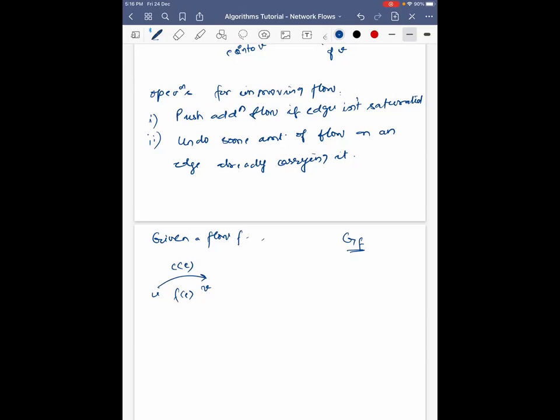Therefore, I'll introduce a forward edge in this residual network from U to V, whose capacity will be CE minus FE. On the other hand, if this edge is carrying some non-negative flow, then I can undo at most FE units of flow on this edge. Therefore, I'll introduce a backward arc in the residual network, and its residual capacity would be equal to the flow on the edge.